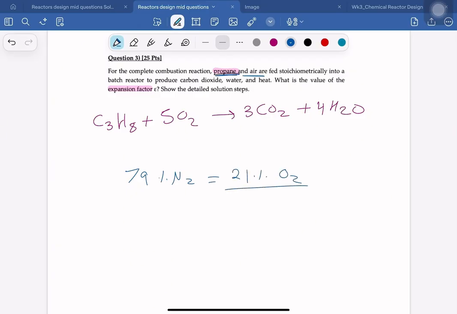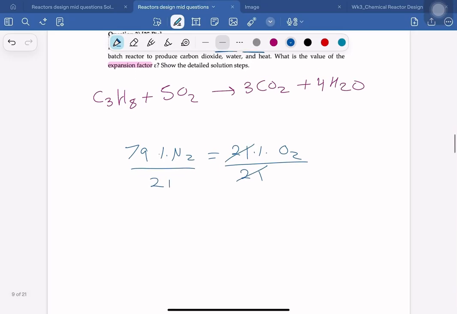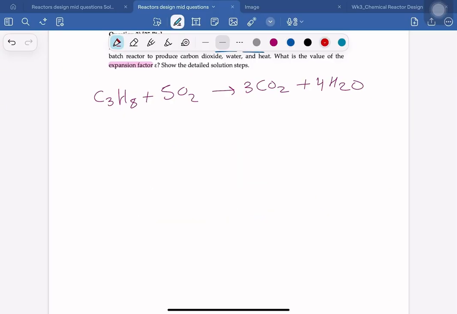We're gonna divide both sides by 21. This will cancel this and then we're gonna have that 3.762 moles of N2 is equal to 1 mole of O2.